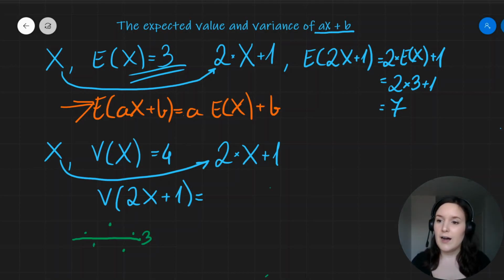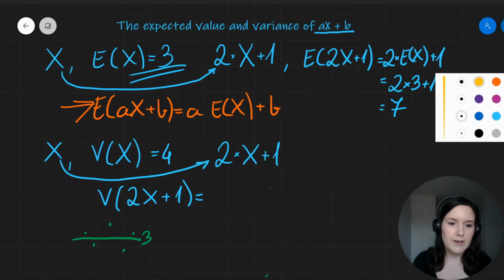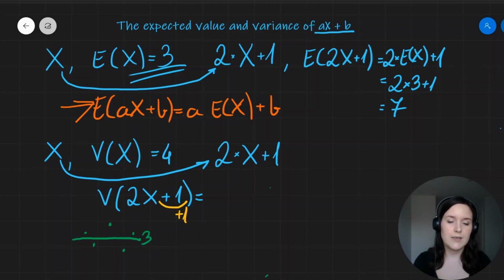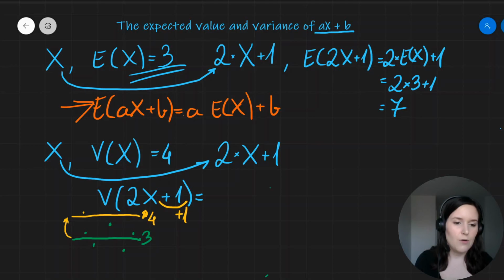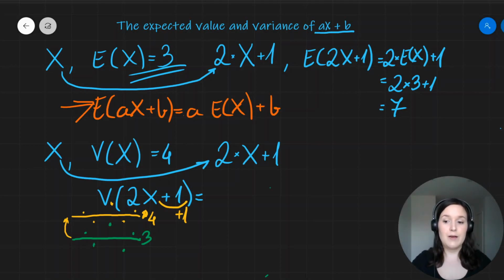And if I add 1 to all of the numbers, I will just shift everything up. So basically the expected value will be 1 more, and all the numbers will be 1 more. So everything went up.